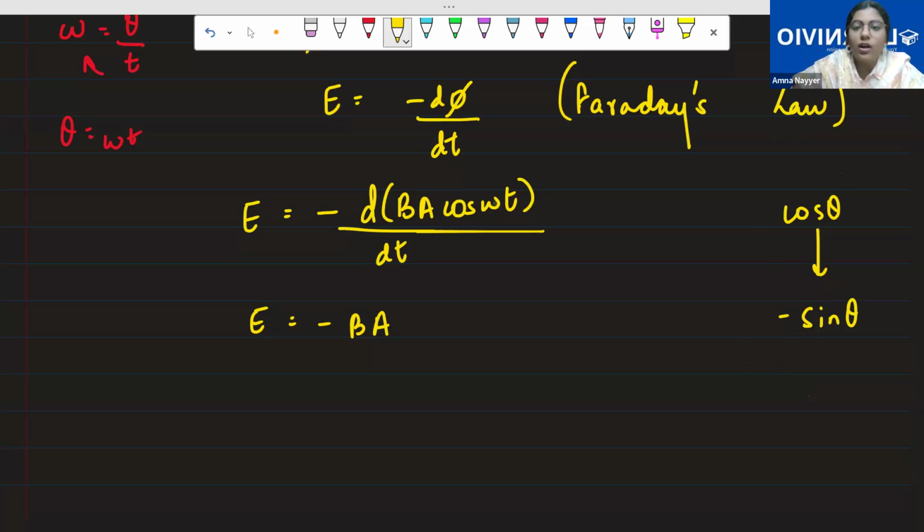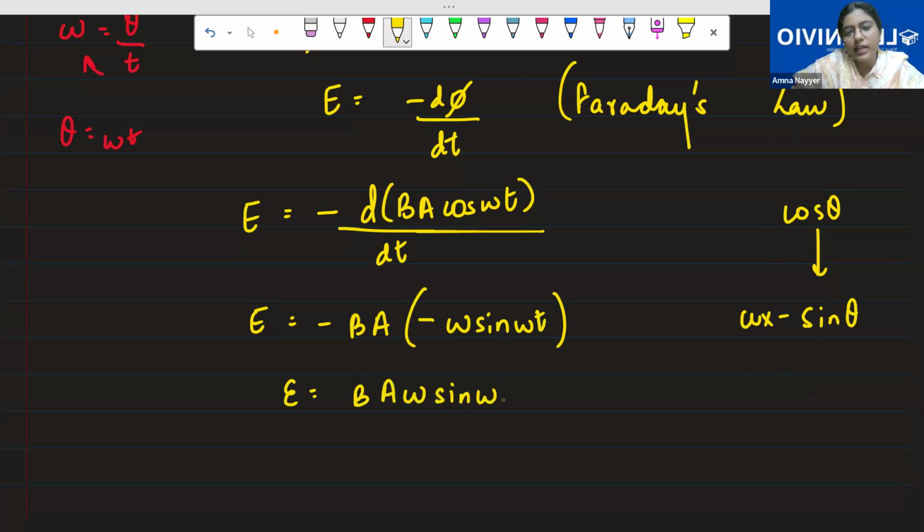Like here, omega is a constant. The angular velocity of the coil is fixed. So this omega will be multiplied. So you have to write minus omega sine omega t. So this becomes BA omega sine omega t.